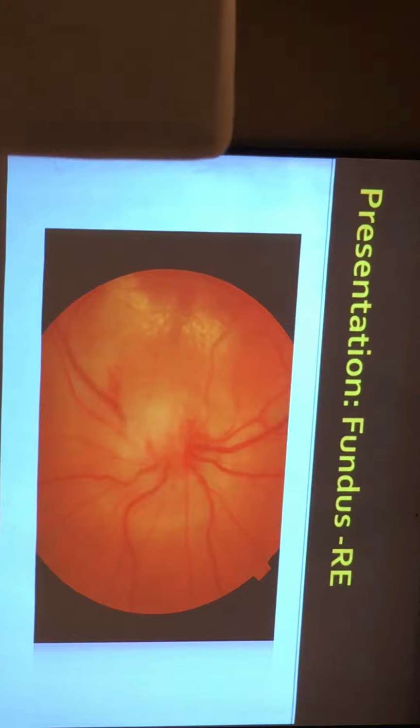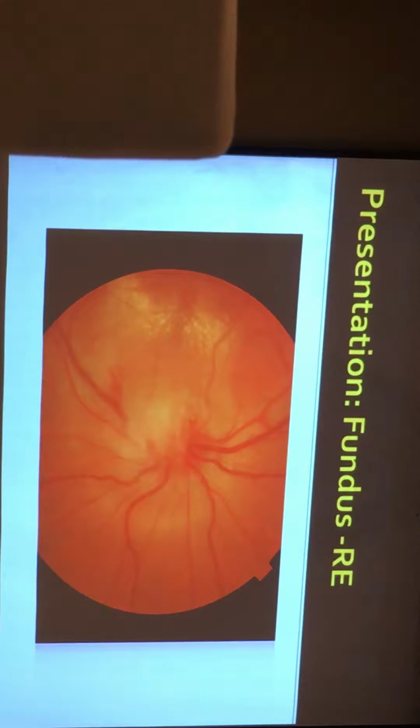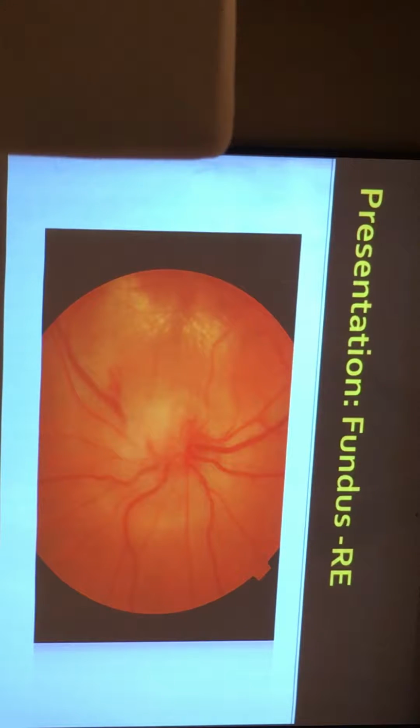And then at the macula, I saw a macular star. Even if it's not clear, the whole macula is photographed. Call it a macular fan, because when you say macular star, it becomes another etiology. This is the macular fan.